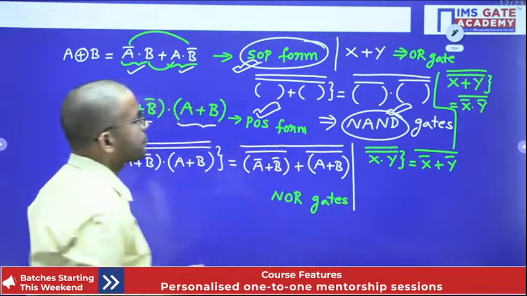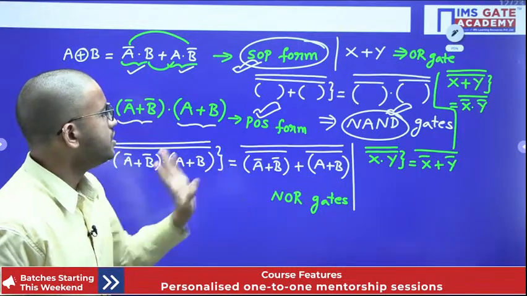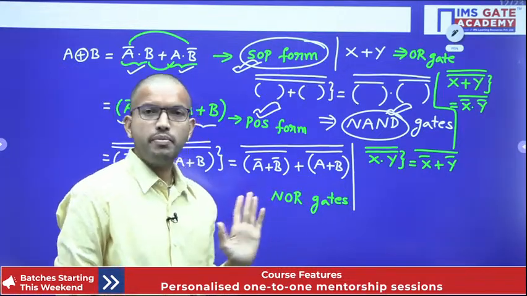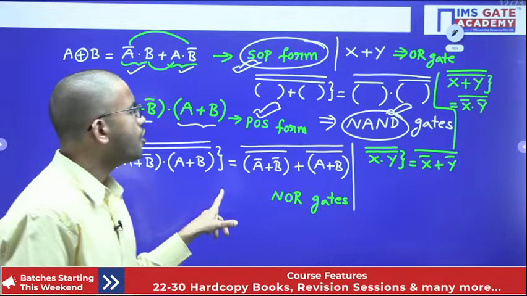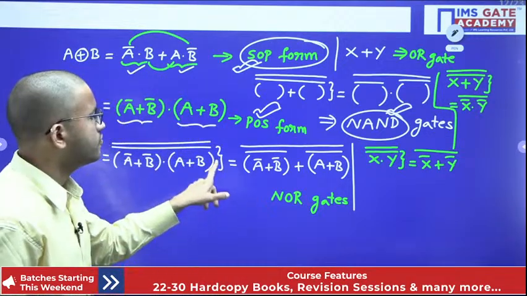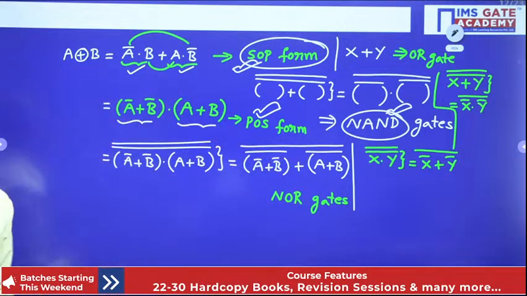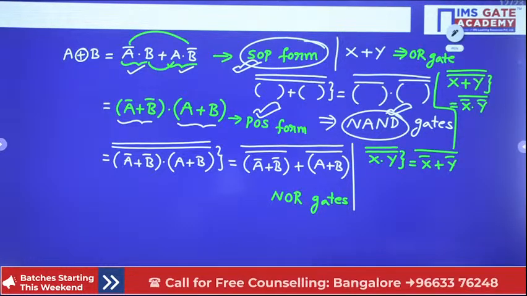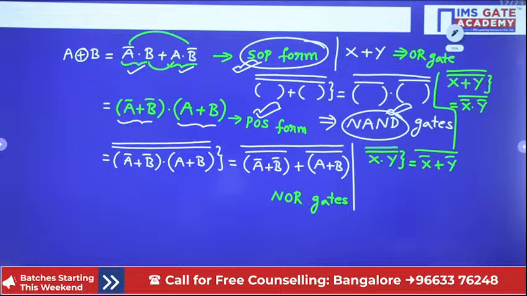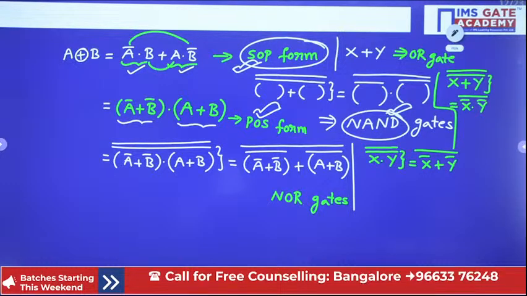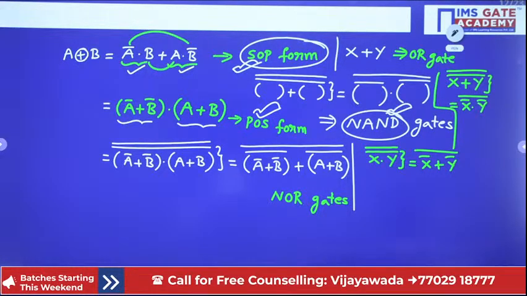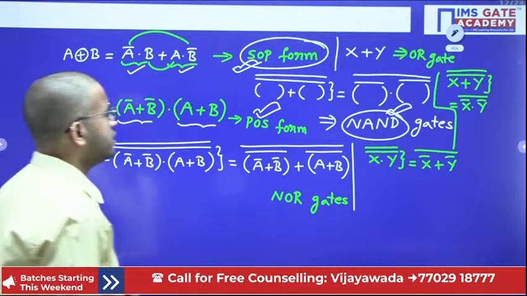Now tell me, just look at this particular expression. When both normal and complement inputs are available, how many 2 input NOR gates are required to implement this particular expression? Yes, very good, 3 only.